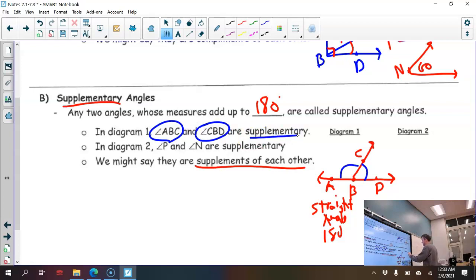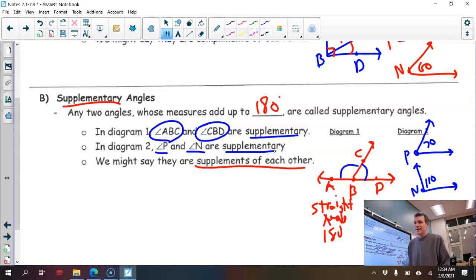And the same as the 90-degree angle, I could take an angle which I'm calling angle P and say it is 70 degrees. And I could take another angle which I'm calling angle N and say it's 110 degrees. And angle P and angle N would also be supplementary because they add up to 180 degrees, even though they are just two random angles.